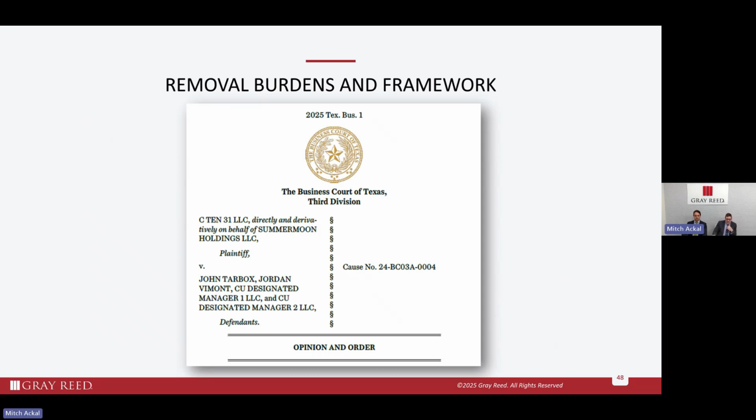The next case I wanted to talk about is the one Mitch already mentioned in passing, and this is the third division case that dealt with removal and the framework of how removal actually works. I don't really need to get into the underlying merits of the case, but at a high level, this is another internal governance dispute.